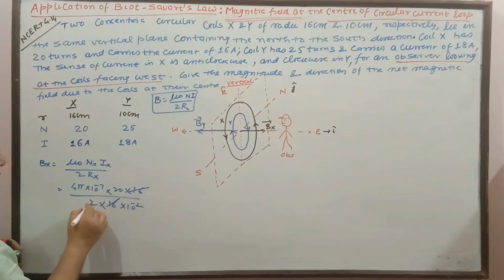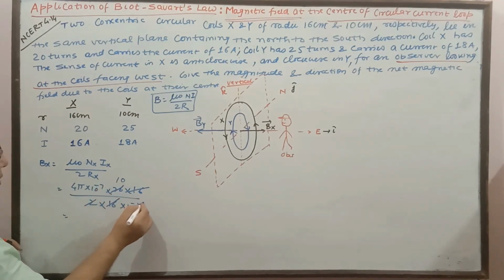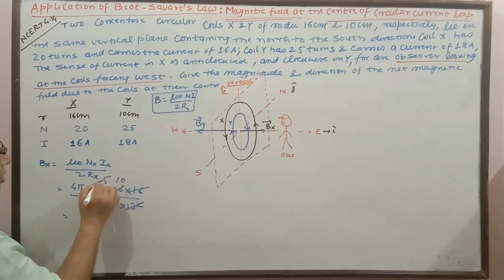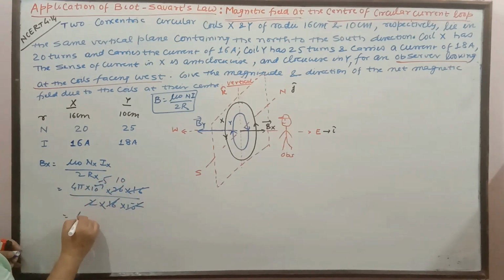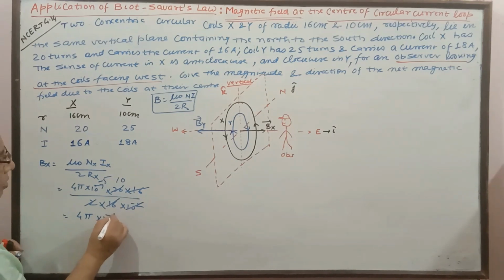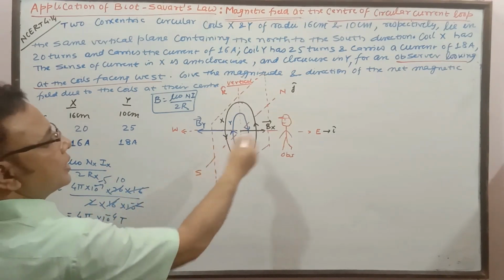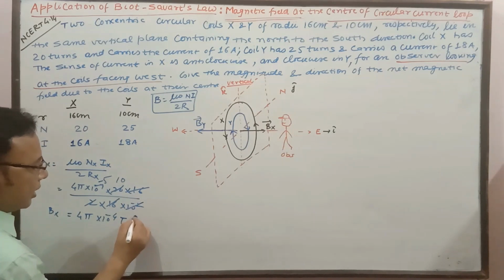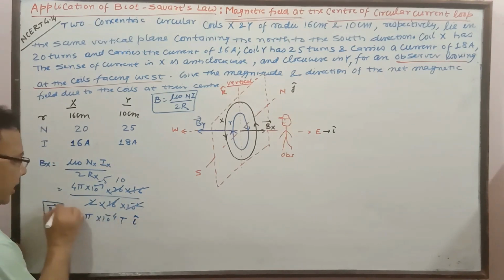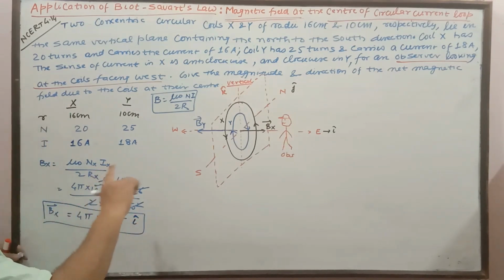These cancel out, 2 tens are 20, so this is 10 to the power minus 2, which reduces to minus 5. So what we shall have is 4 pi into 10 to the power minus 4 Tesla. This is the value of magnetic field, and Bx is towards I, so we write I cap. So Bx we have along east.